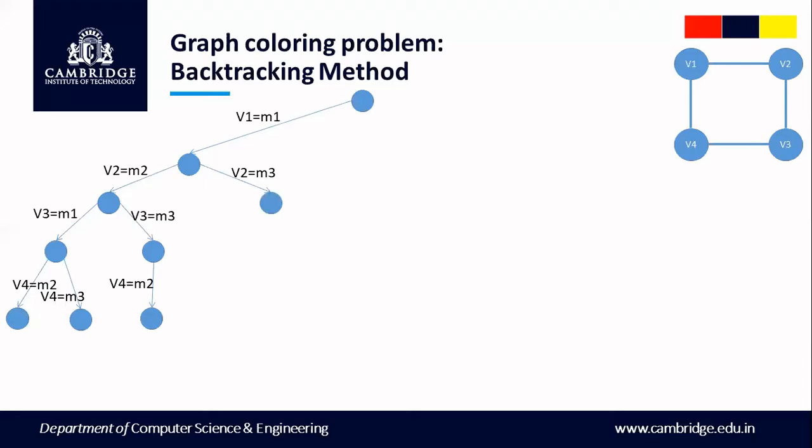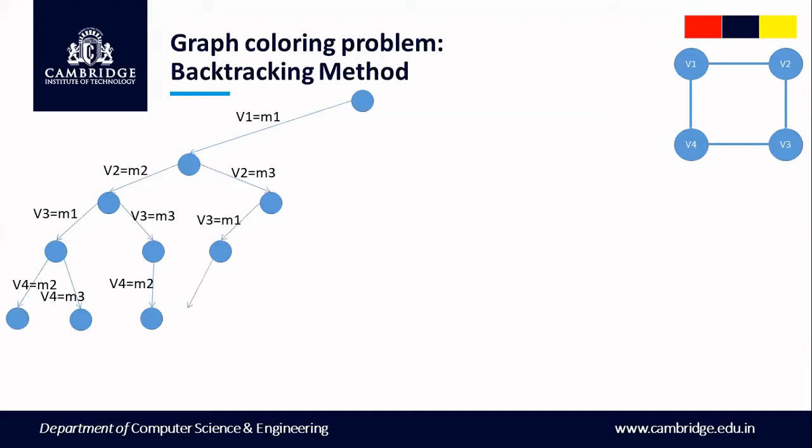So therefore, now the coloring is V1 is colored with M1, V2 is colored with M3. Then how about V3? V3 as of now has a constraint only with V2. V2 has the M3 color. So therefore V3 cannot have M3. Instead, it can have M1 or M2.